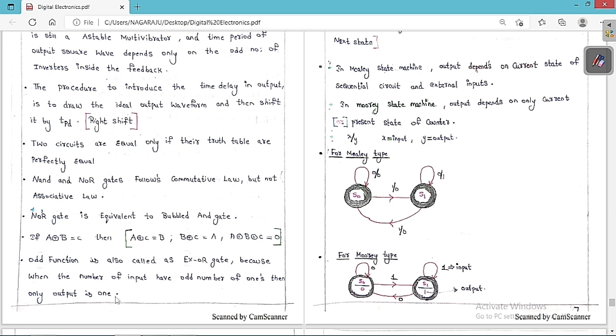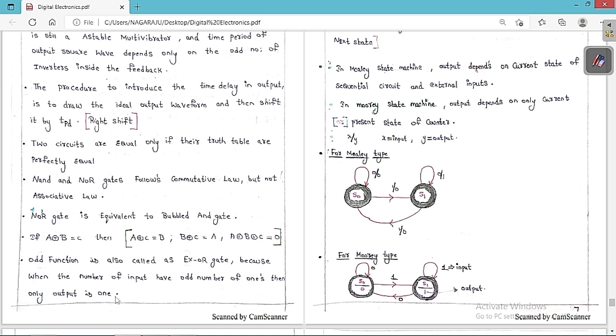So the odd function is also called the XOR gate, because when the number of inputs has an odd number of ones, then only the output is always equal to 1. We can say the odd function is also called the XOR gate because if the number of input ones is odd in nature, then only the output is always equal to 1. This is the thing that you always have to keep in your mind.